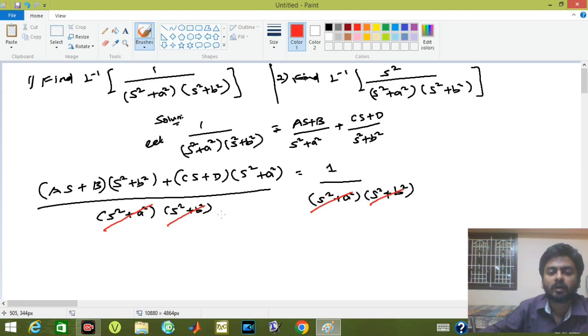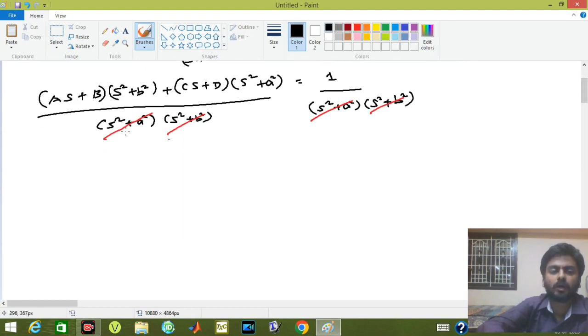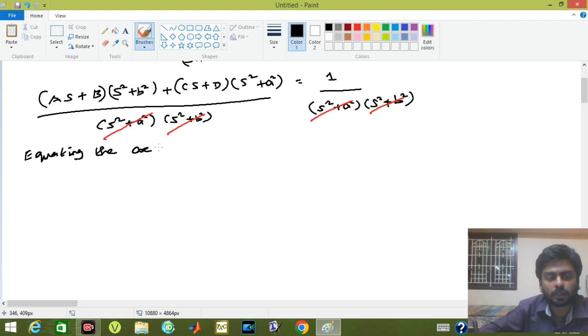Now we have to equate the coefficients of s cube, s square, s and constant.